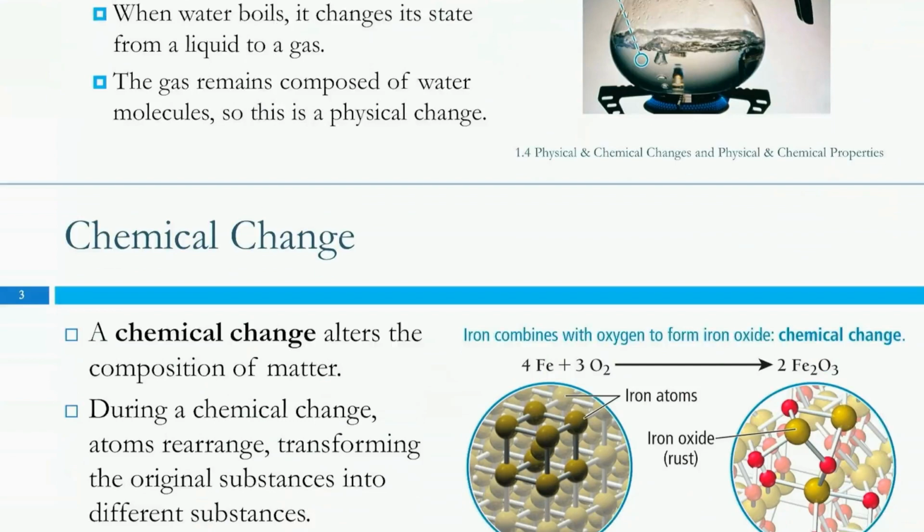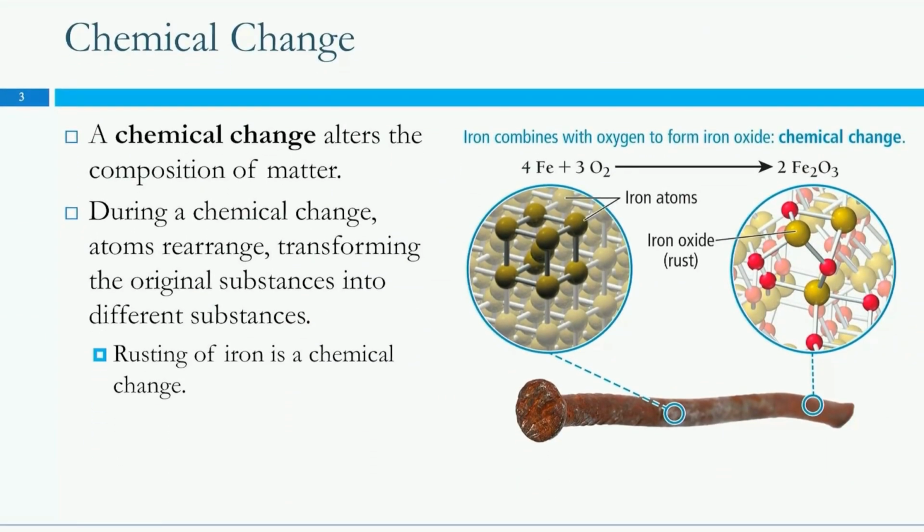A chemical change then means that we're altering the fundamental structure of the molecules or the atoms. So if we were to draw this as a model, the iron atoms in something like a nail before it's rusted are all very nicely arranged. And that nice arrangement gives them structure, gives them strength.